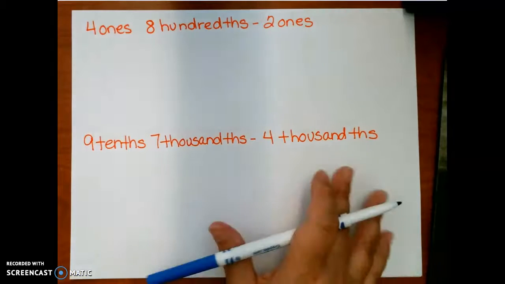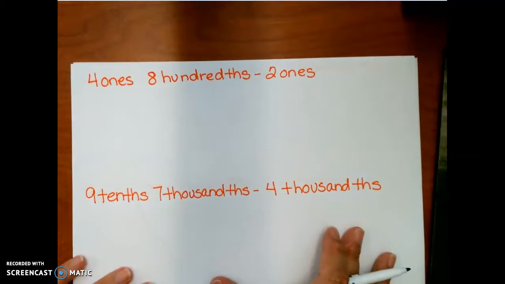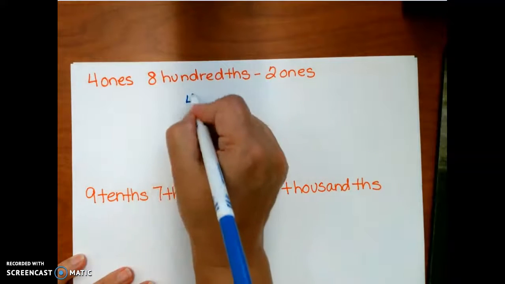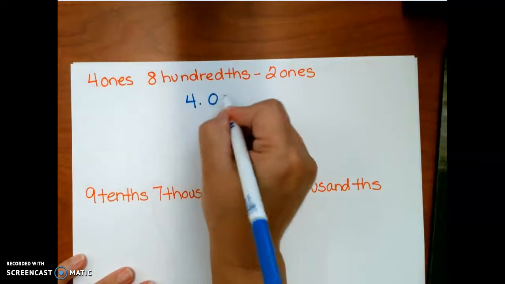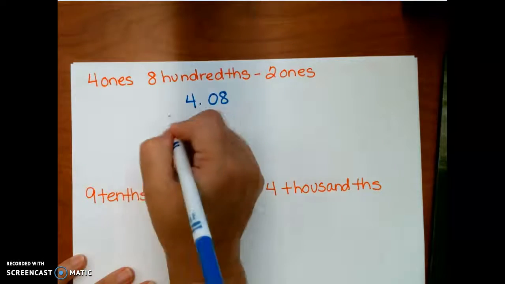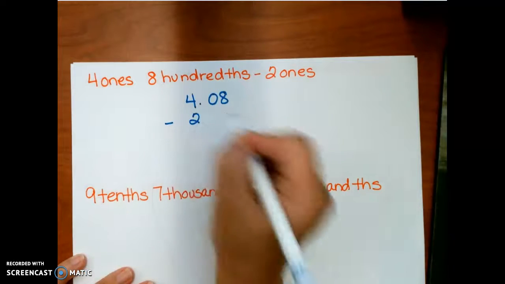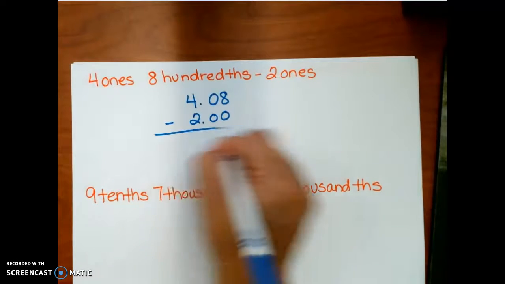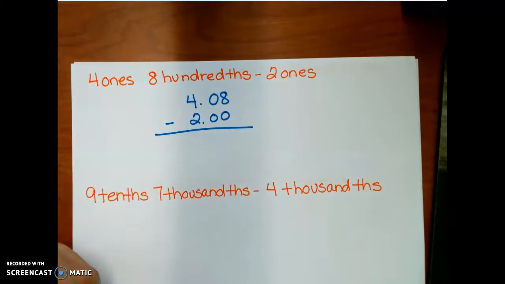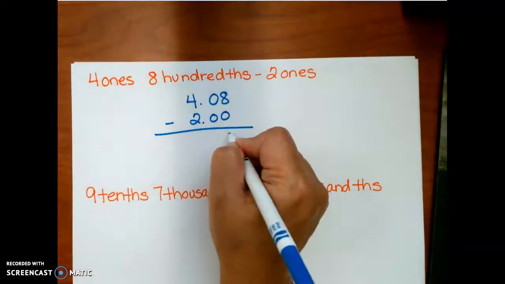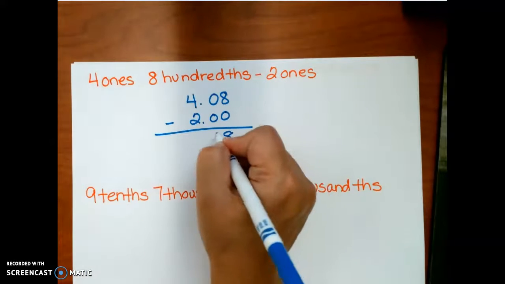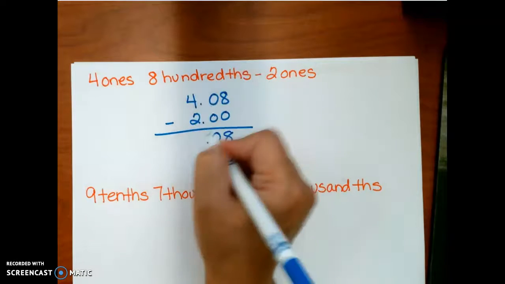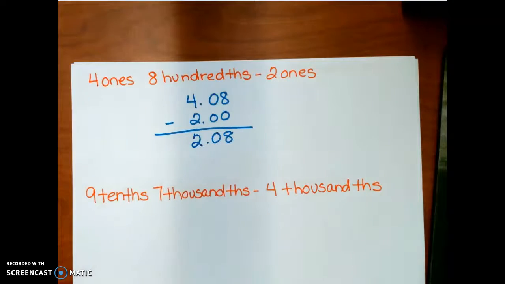All right, now let's try some subtraction. I have 4 ones and 8 hundredths, and I'm going to subtract 2 ones. I don't have any tenths or hundredths, so I can just put zeros there. Now, 8 minus 0 is 8. 0 minus 0 is 0. 4 minus 2 is 2. Okay.